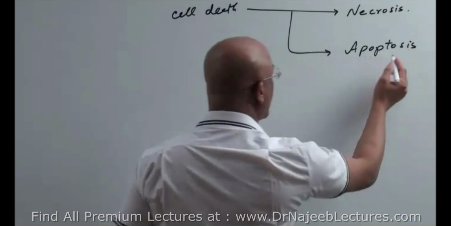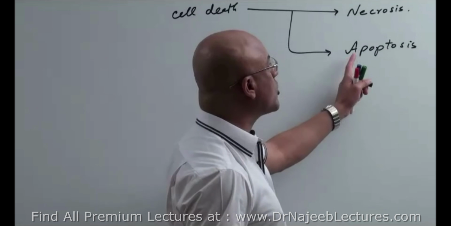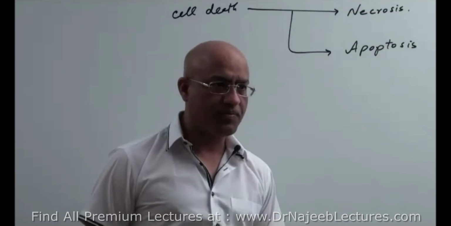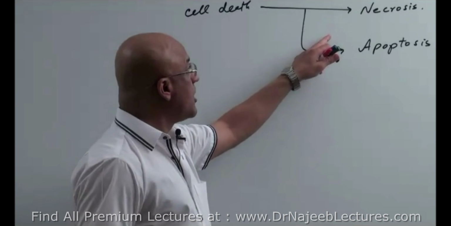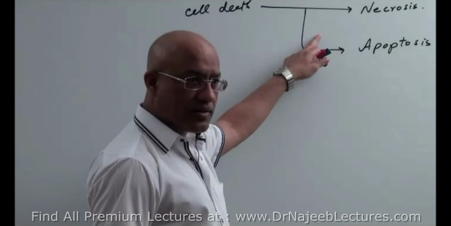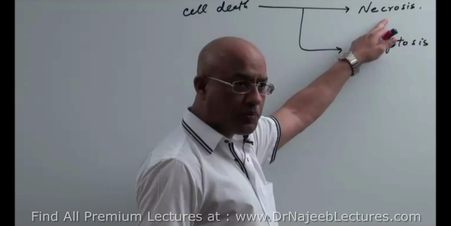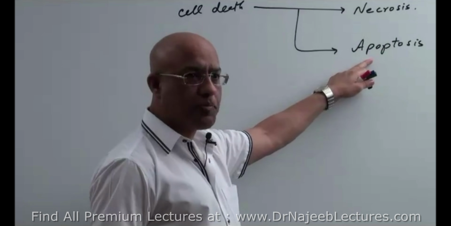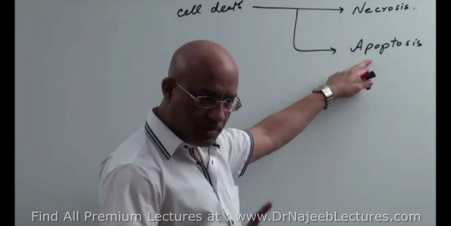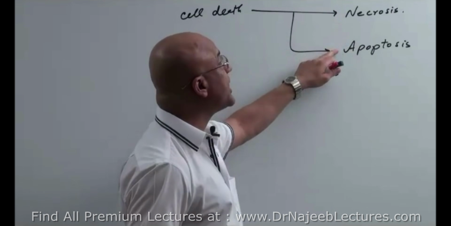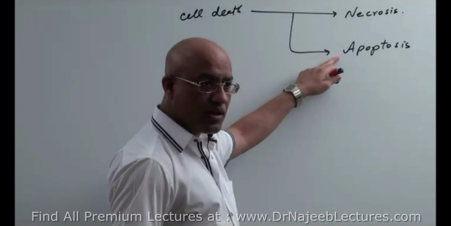The P is silent. So when a cell is going to die, it goes through either the necrotic process or the apoptotic process. But these are two very different pathways.